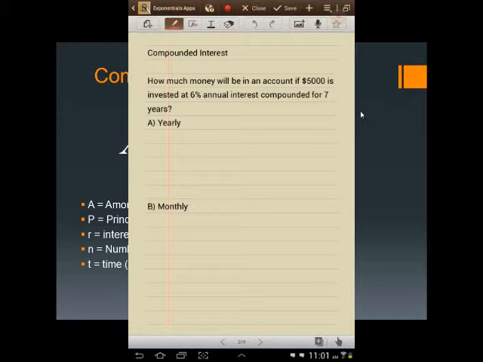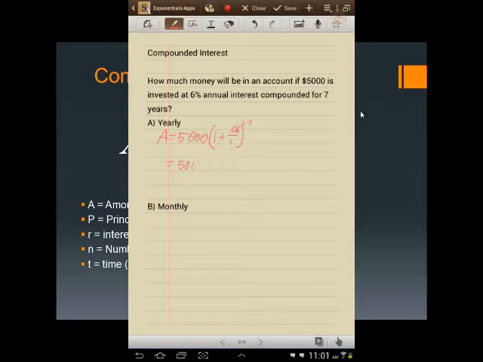So yearly, the amount in the account will equal the initial value, which is 5,000, times 1 plus 6%. And if it's every year, it's only once a year, then once a year times 7 years.